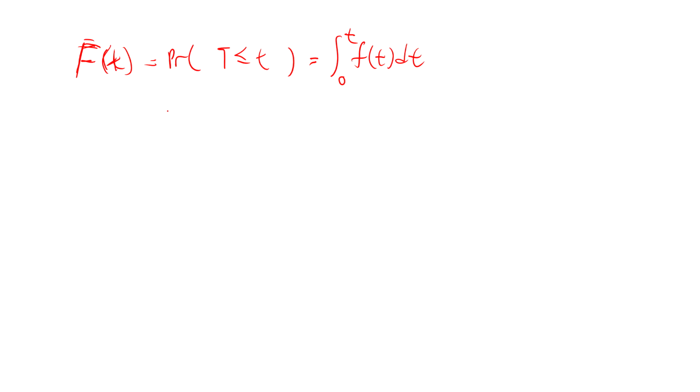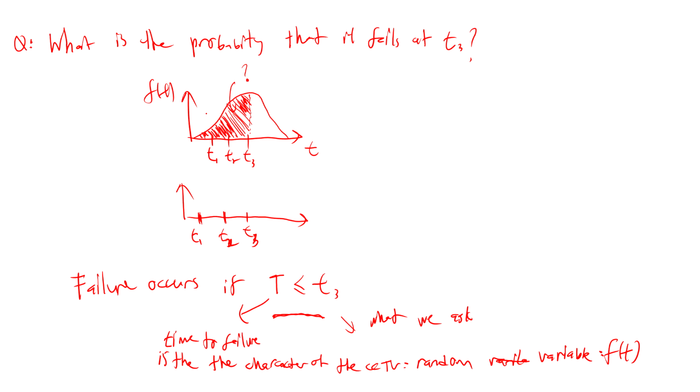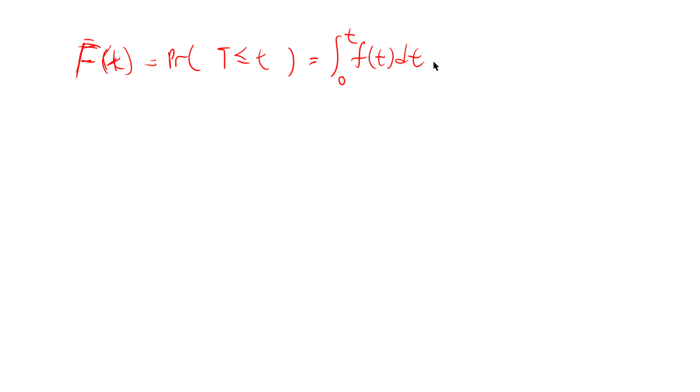And if we go back to our question just now, what is the probability that it fails at t3, then you put the subscript, and you find your probability of failure at T3.